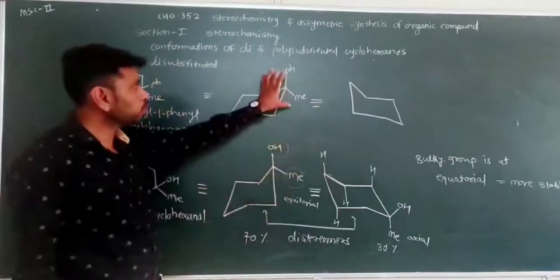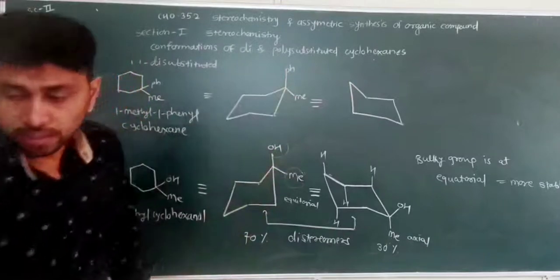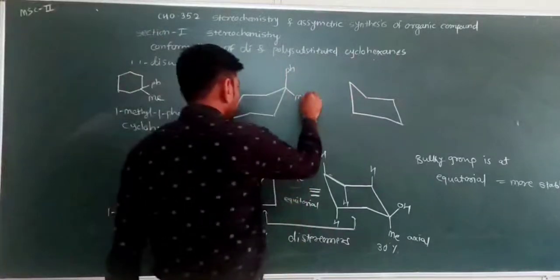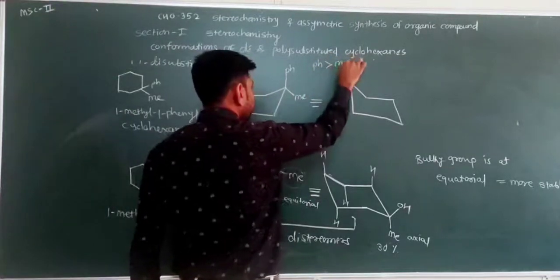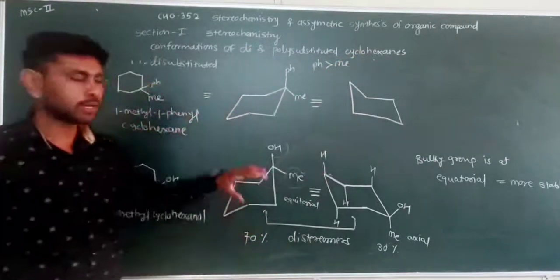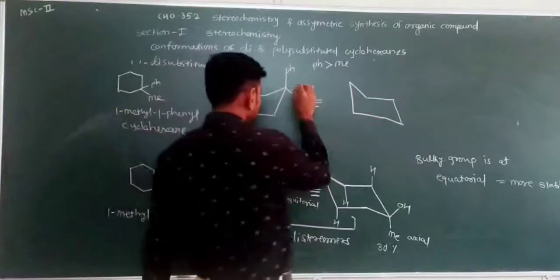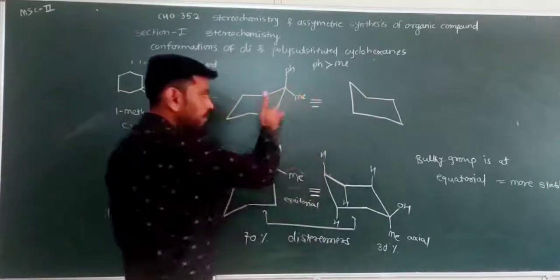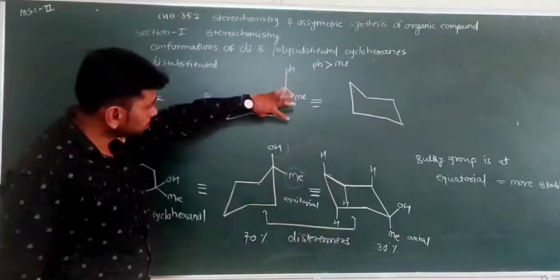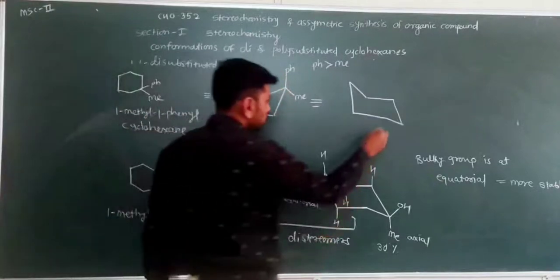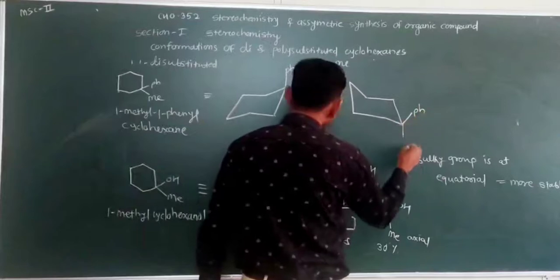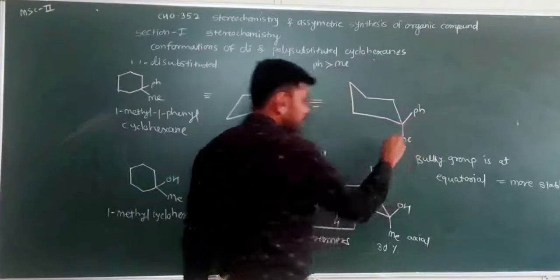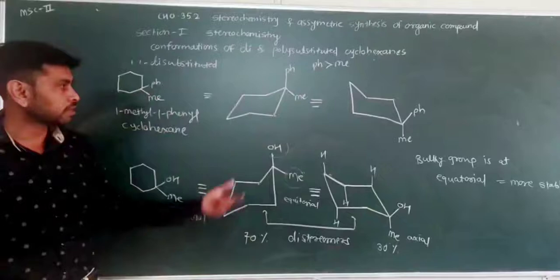Now, the phenyl group is bulkier than methyl. After ring flipping, the phenyl group is at the equatorial position and the methyl group is at the axial position.